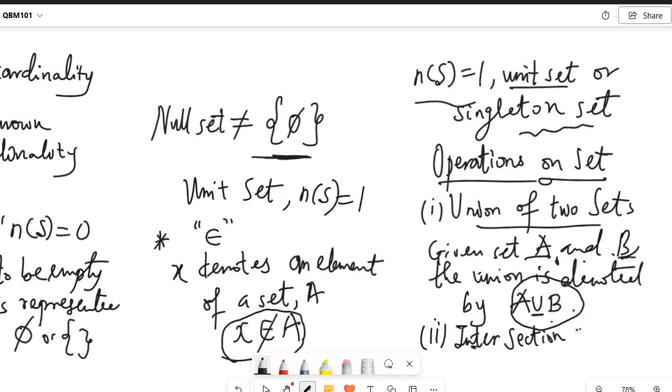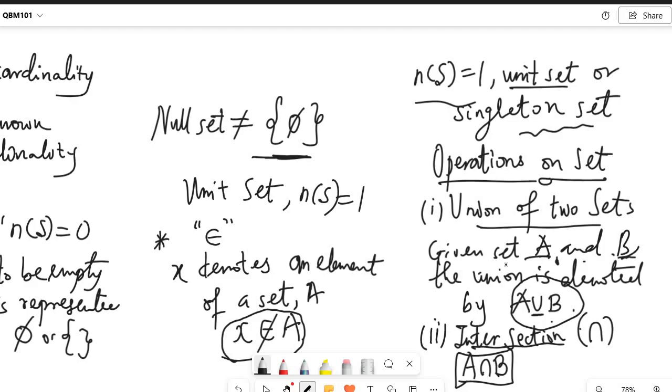Now intersection is denoted with a letter more like an inverted U, an inverted capital U, or maybe an N, a strange N. I don't see this as an N though, but let me just say an inverted U. It is denoted by A intersection B. Now what does this mean? This is quite similar to the union of two sets. You are bringing the elements in these sets together, but you are looping through to ensure that you have the elements that are in common alone.